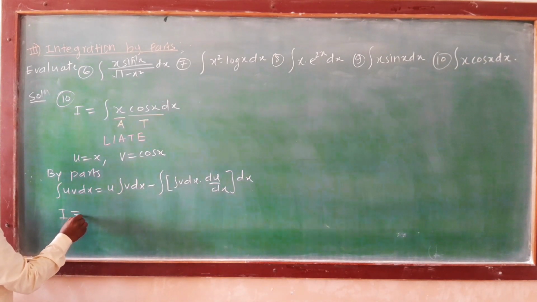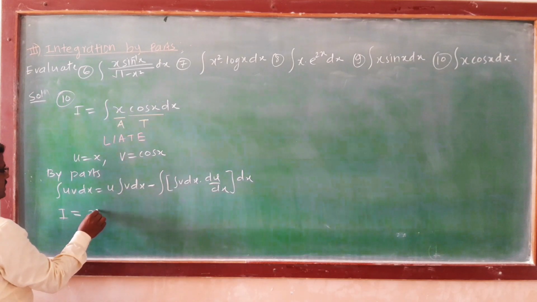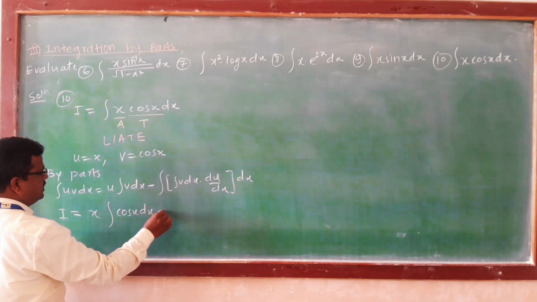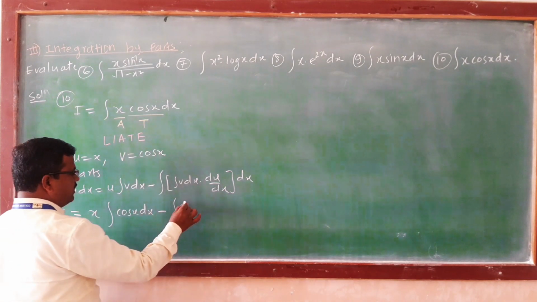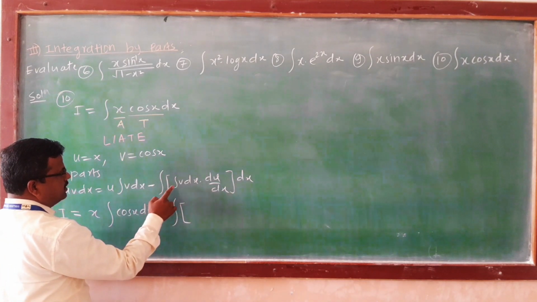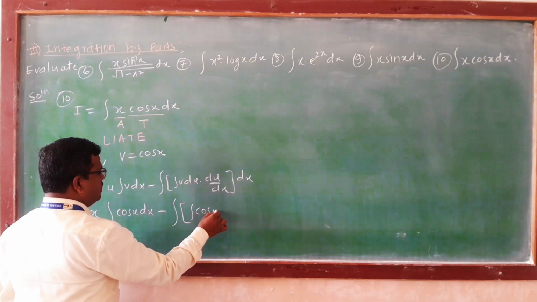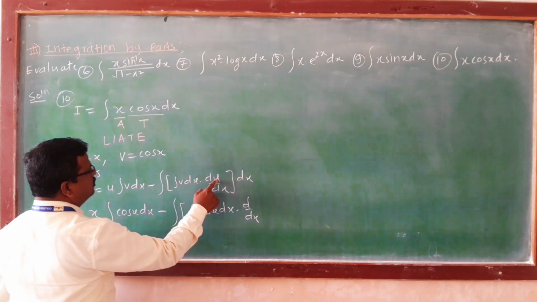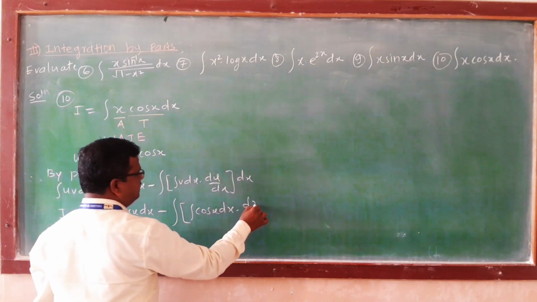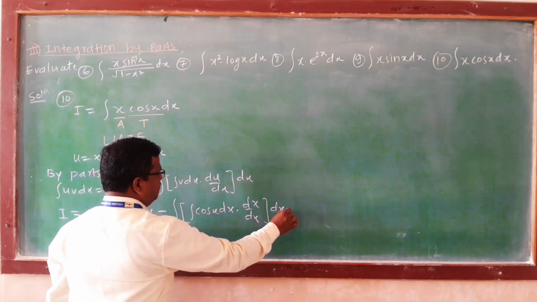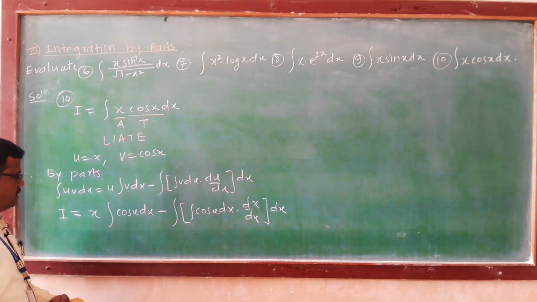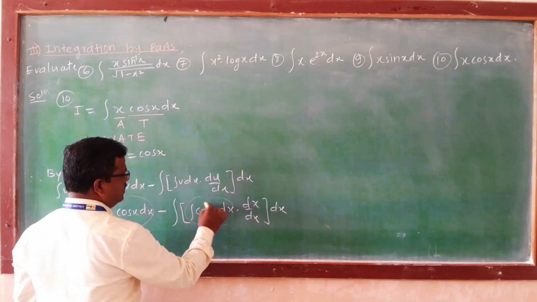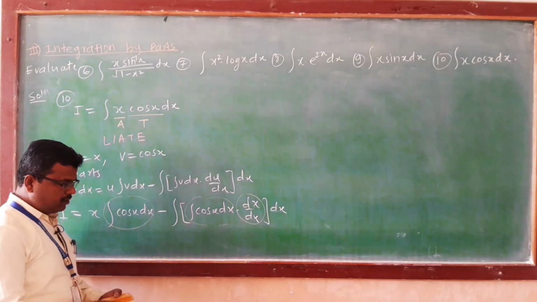Therefore I is equal to u means x, integration of v means cos x dx, minus again integration, square bracket, integration of v means cos x dx, into d by dx of u means x, with respect to x.